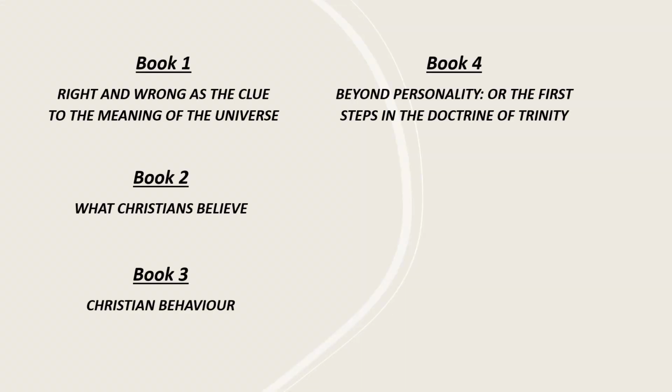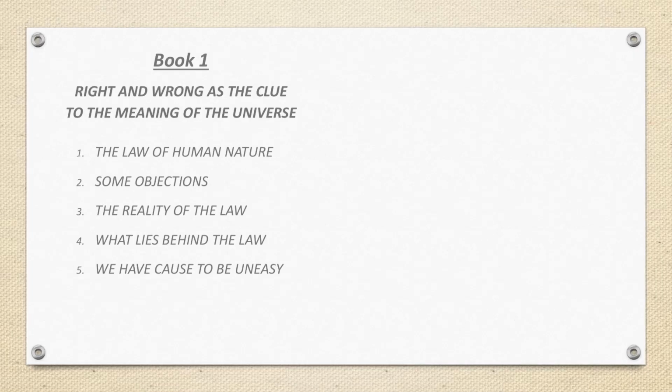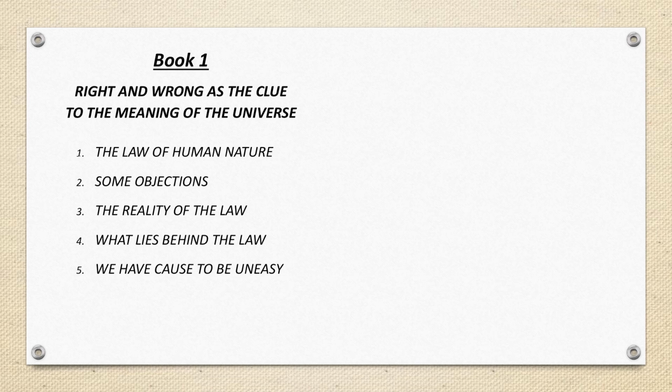Mere Christianity has 4 books or 4 sections. In those 4 books, it has 32 chapters, and naturally we're going to have 32 review videos. Book 1, this is basically the table of contents. We have 5 chapters in there.